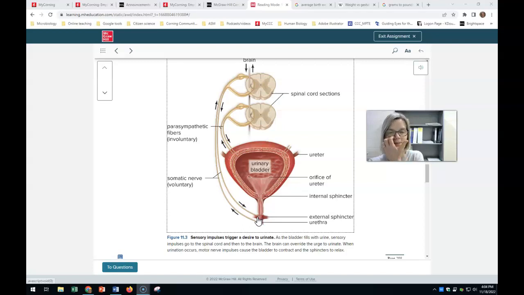And I think it's interesting because it's this nervous system connection that has to happen before a child can actually be potty trained. Their nervous system has to be sophisticated enough to actually control that external sphincter. So you've got to have the neurons in place, and it's a developmental thing.